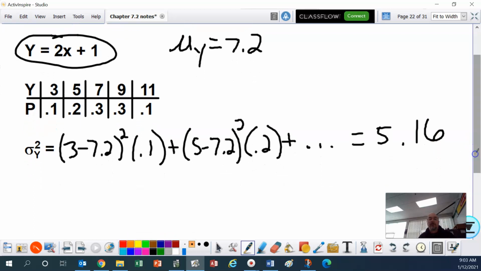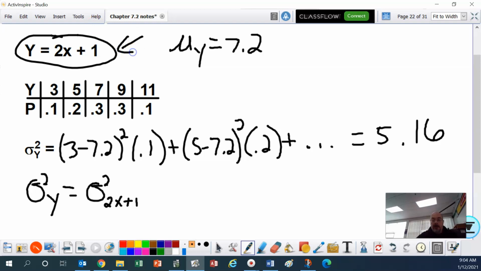But what did we learn earlier? Let me write this out. Here's the variance, the standard deviation squared, and let me do the notation here. I am taking the variance of 2X plus 1. Well, remember, adding does not change the variance, so this plus 1 means nothing.